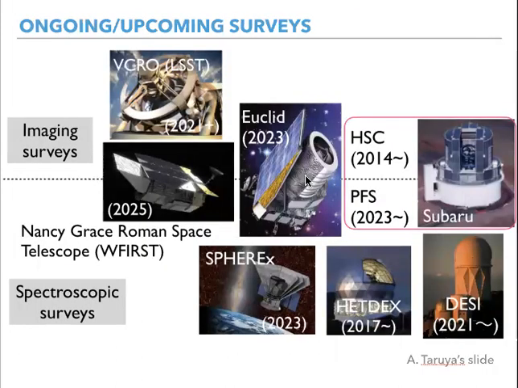The ongoing and upcoming imaging and spectroscopic surveys will help us to confirm the above tension, and they can improve our current constraints on cosmological parameters by reaching to larger scale coverage, by reaching to fainter galaxies and higher redshift. Here I highlight the HSC and PFS surveys, which are run on the Subaru telescope, and I'm also a member of those 2 surveys.